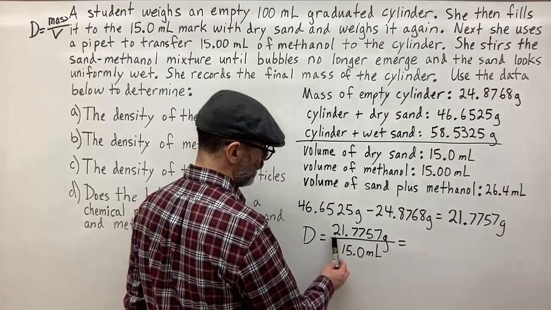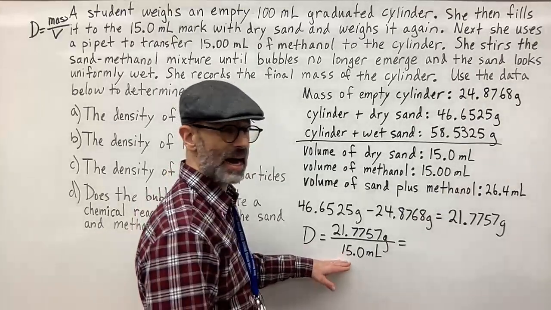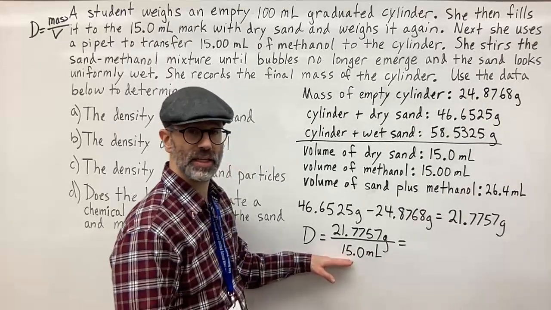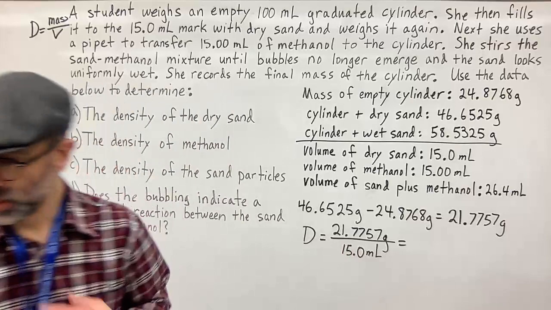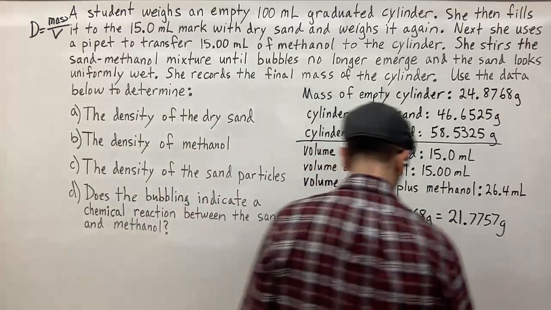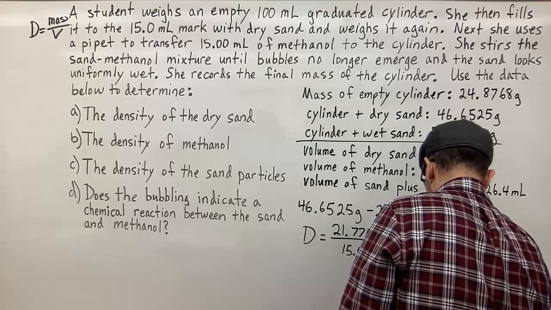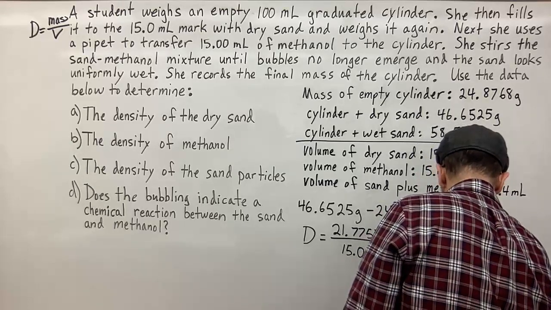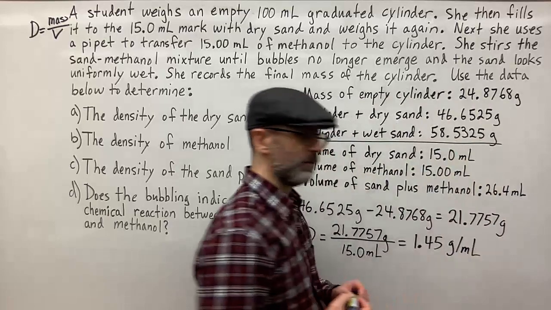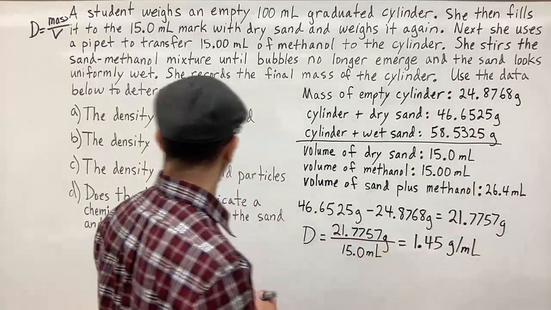Here we have 6. 3 is less than 6, so we're going to have 3 sig figs in our answer. And when we do the calculation, we get 1.45 grams per milliliter. And that is the density of the dry sand.